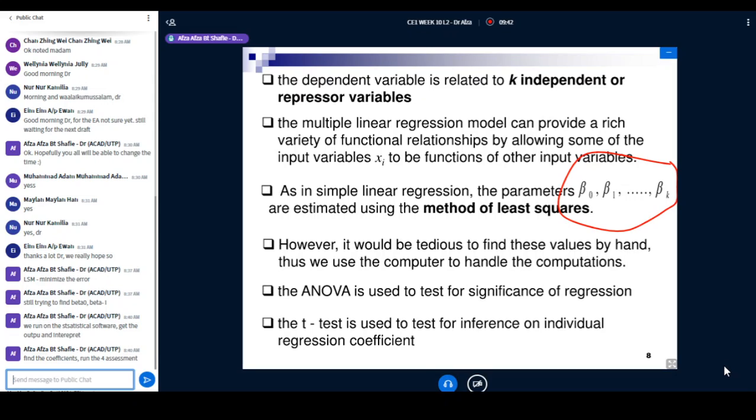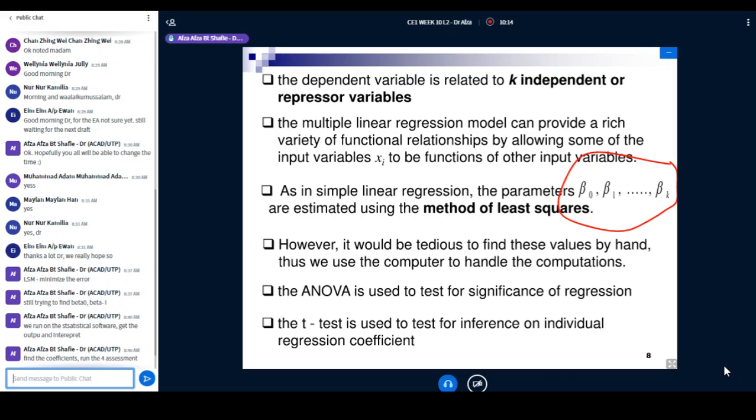So we run it, get the output, get all the coefficients, the beta naught, beta 1, beta 2, depending on how many betas you have, and then run the 4 assessments. Remember the standard error, the R squared, the t-test, and the ANOVA. And finally, if everything is good, like what we did for the simple regression model, then we will say that this model is actually a good model.